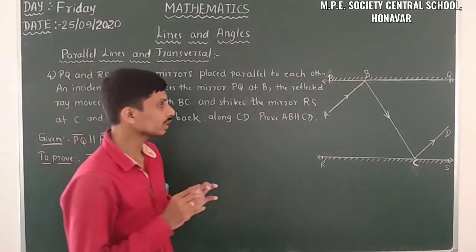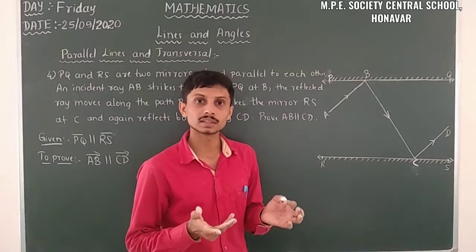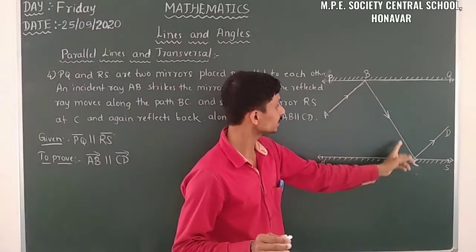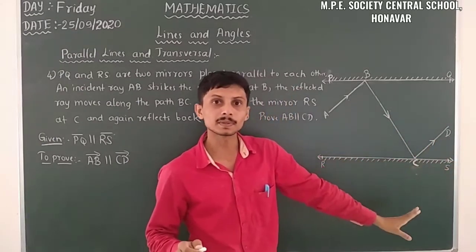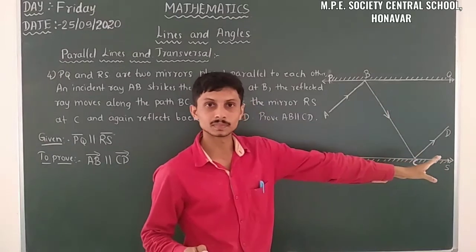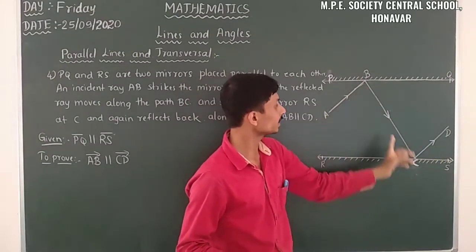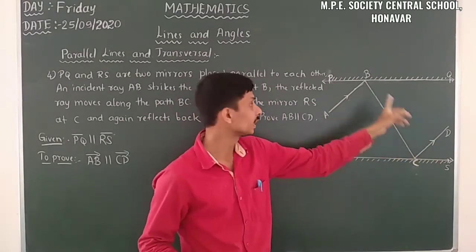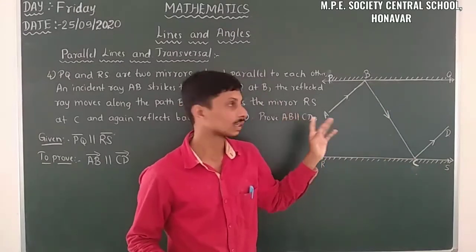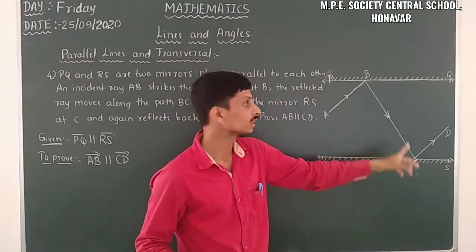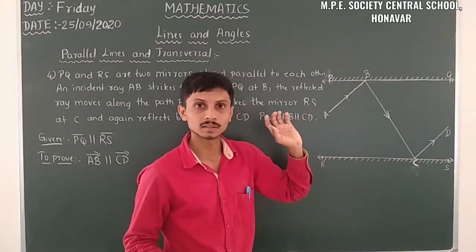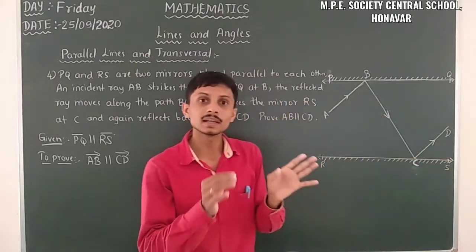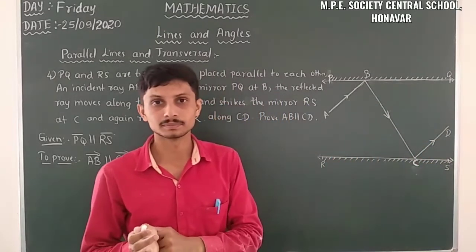Here just observe, are there any angles? No, there are no angles here. But we have to prove that angle ABC is equal to angle BCD. When that happens, AB is parallel to CD. Because when AB and CD are parallel lines, BC is a transversal, and angle ABC and angle BCD are alternate interior angles.